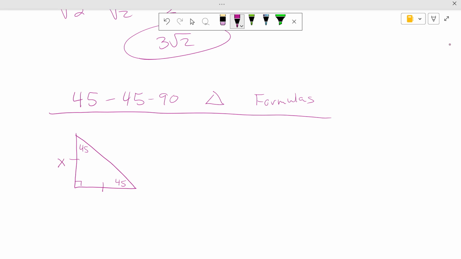If you know the sides, the hypotenuse is the side times the square root of 2. If you know the hypotenuse and you want to get to the sides, you divide by the square root of 2.